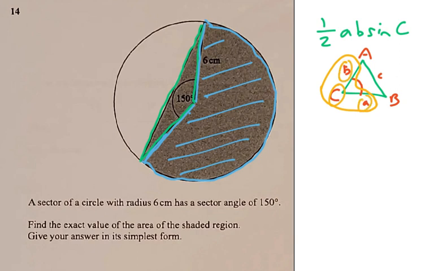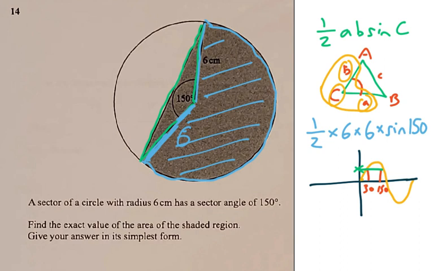So it's a half times the sides on either side of the trapped angle, which would be 6 and another 6, because they're both the radius of the circle. And the angle in between them is 150, so it's sine 150.